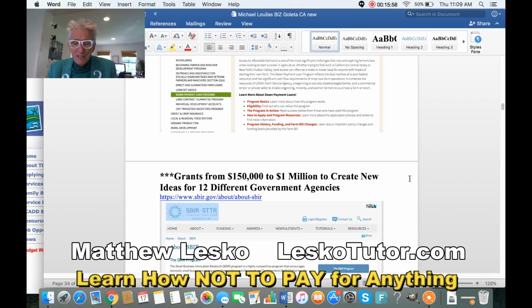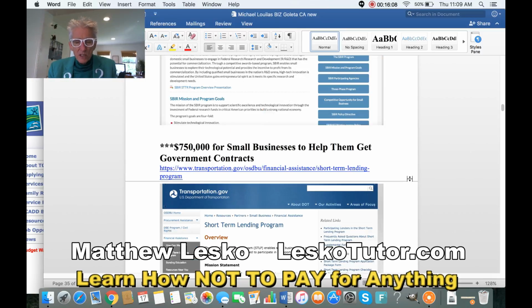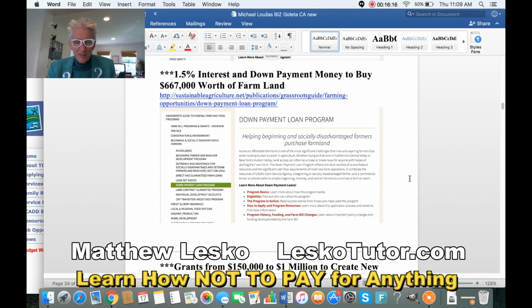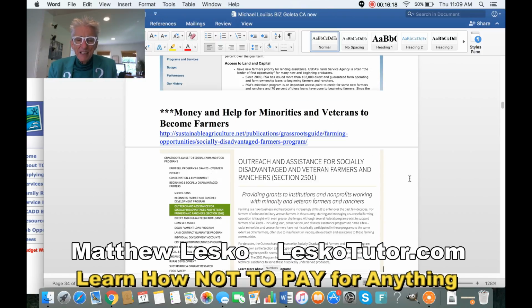Grants from $150,000 to $1 million to create new ideas for 12 different government agencies. That's what they set aside this grant money for: small businesses looking for new ideas. Or here's just one: $750,000 for small businesses to get government contracts. That's available. Grants from $150 million. What was that? $150 million. Whoop, I lost it again.